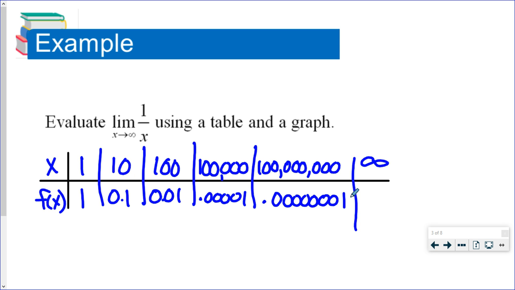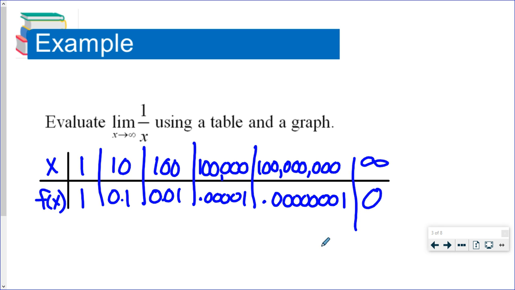Looks good. So obviously, as my numbers get larger, what does my overall f of x keep getting closer to? 0. So the limit as x goes to infinity of 1 over x is 0, which obviously makes sense if you think about fractions. The larger the denominator is, assuming that your numerator stays constant, the smaller the overall fraction is.